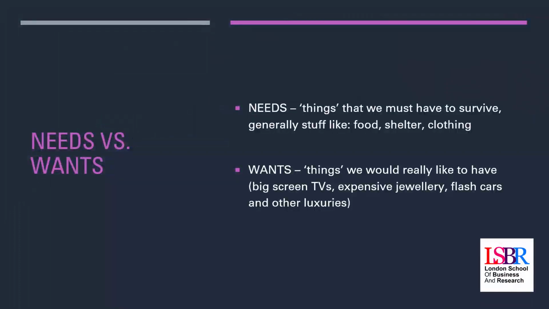Wants, on the other hand, are usually different, and the reason why they're different is because they're things that we would like to have. So, for example, I've got a 45-inch TV, but I would really love to have a 65-inch TV. Expensive jewelry, you know, why can't I have a 24-carat bracelet, 24-carat gold chain, 24-carat ring, yellow gold, expensive jewelry?